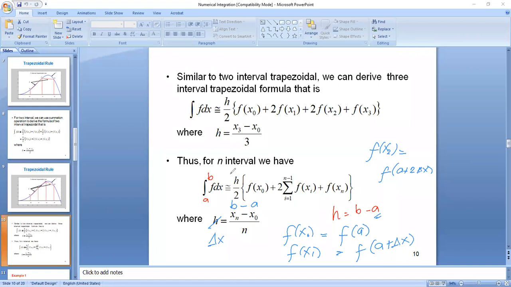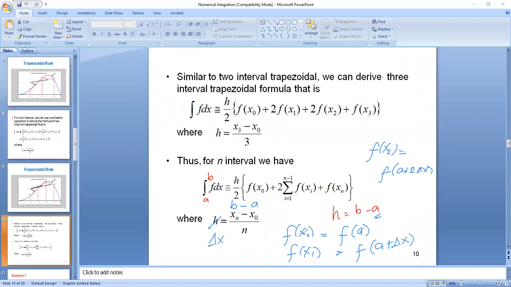The h, again, in this formula is just the difference of the upper and the lower limit divided by n. This h is equivalent to delta x, the increment you will use starting from the lower limit until you reach the upper limit. You will substitute this value to the variables that appear in your integrand, whatever function or algebraic expression you have. So the middle terms will have 2. The first and the last term will not have any 2 as multiplier.